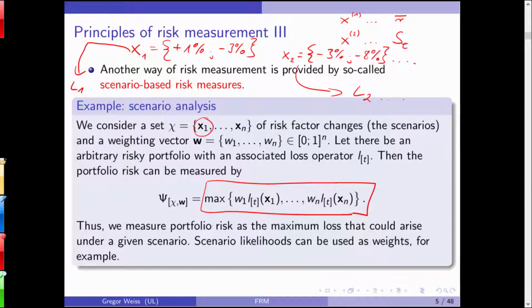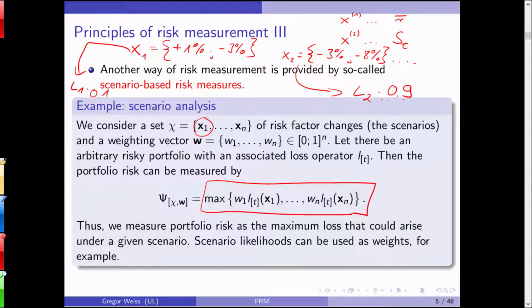And then we weight them. For example, this is highly unlikely, so it gets a weight of 10%. This is very likely, and it gets a weight of 0.9%.